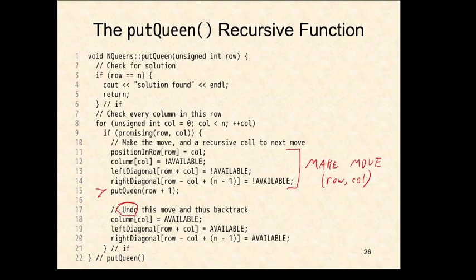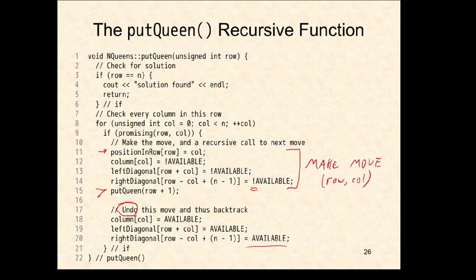So notice that everything that used to be marked as not available is now marked as available. There's one thing we didn't undo, and that was the position in row never got changed.